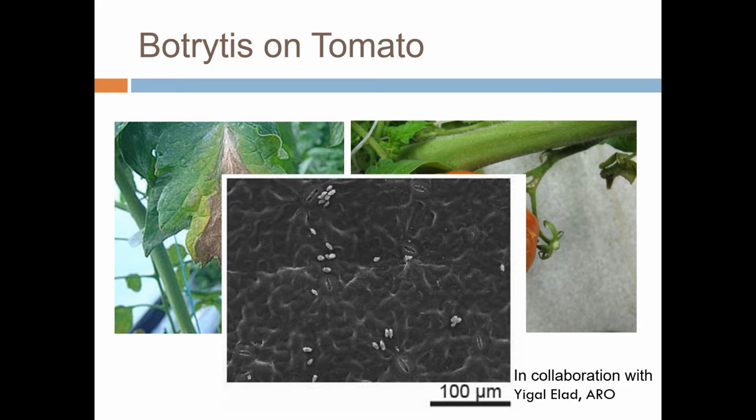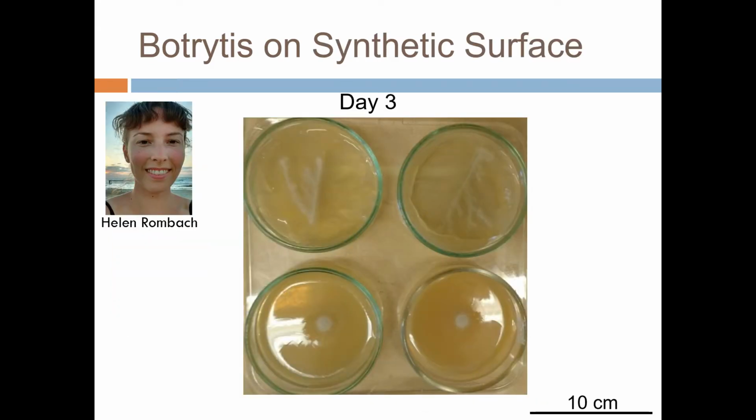So what Helen in my lab did, just to show how that works, instead of molding the positive on our regular polymer, she just molded it on an agar plate, the same agar you use to grow the fungus. So she took two non-structured plates and two plates with structures, and she just spread a little bit of fungus in the middle. And what she saw on day 3 is that while the colony of the fungus spread like a circle in the non-structured plates, it spread across the veins in the structured plates, and it, of course, continued into day 5.